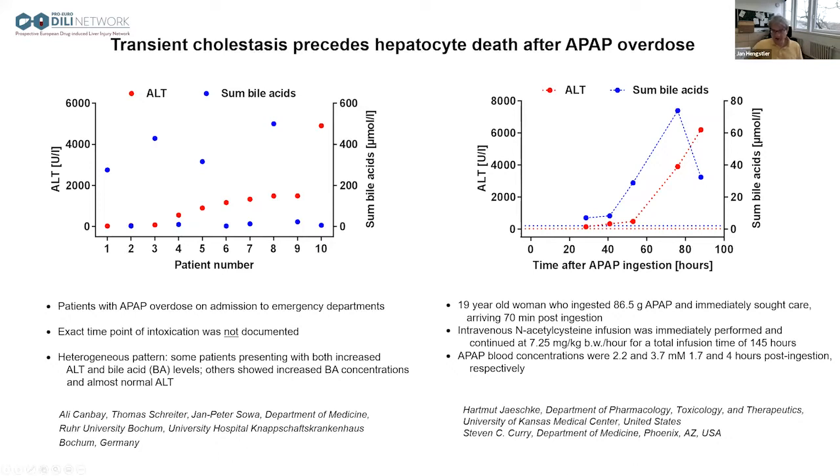So this was really an unusual situation: an 18-year-old woman who ingested a very high dose of APAP sought care already 70 minutes after ingestion, and this period was very well documented. The APAP blood concentrations were 2.2 and 3.7 millimolar about 2 and 4 hours after ingestion. So very high, and it was possible to time-dependently sample blood.